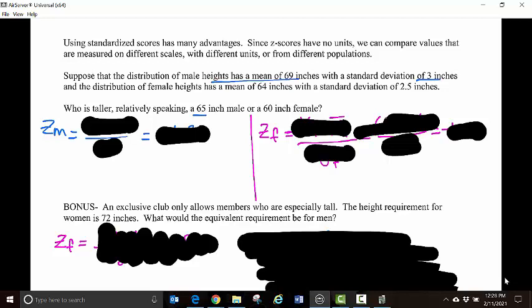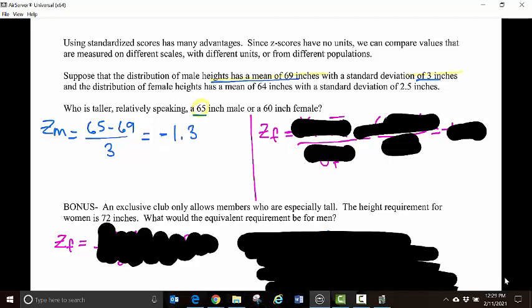You can't just compare men and women because usually women are shorter than men based off of population heights. We want to know who's shorter compared to their gender. So just like we did with the goalies, I can take the male score and subtract it from the average and divide it by the standard deviation.